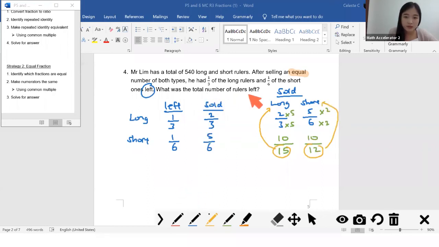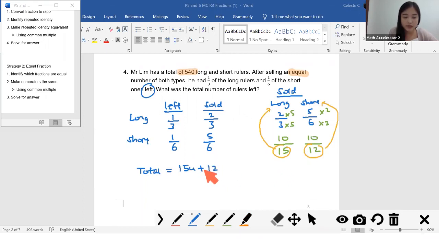What was the total number of rulers left? Okay, so what is the information that we have left out here? 540 in total. So do we know the total number of units? Right, you have 15 and you have 12 here.